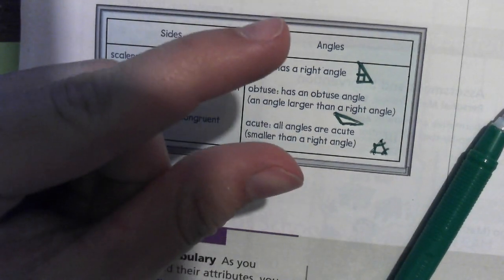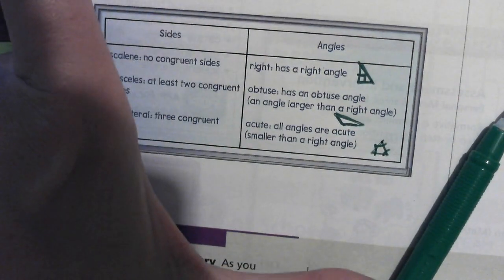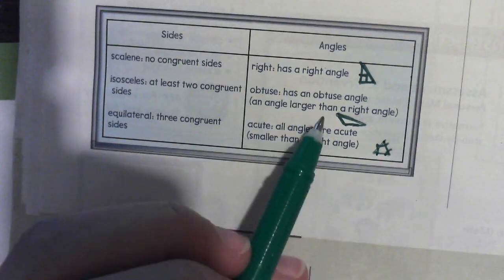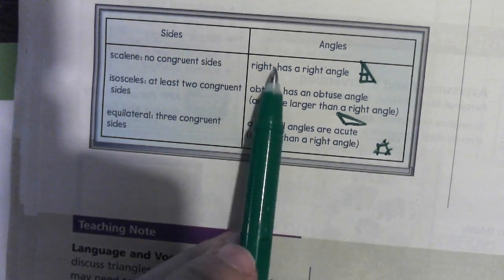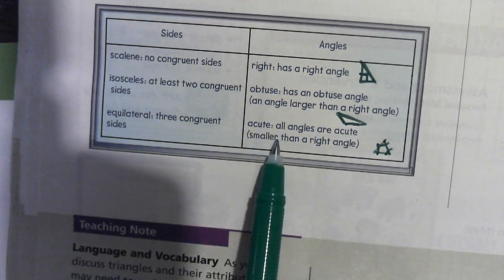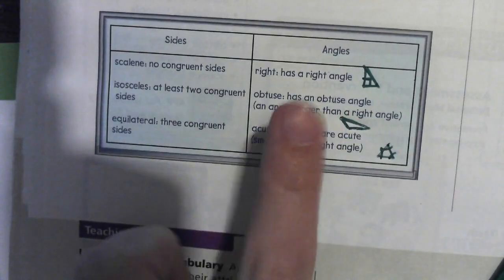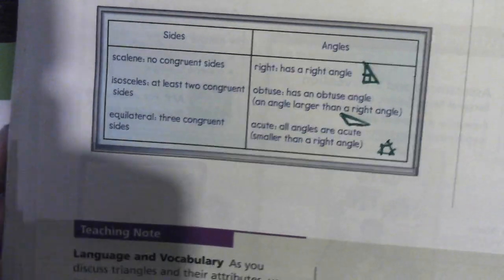They're smaller than the L. So we have acute, right, obtuse. That's usually how I remember it. So your triangle cannot be both a right triangle and an acute triangle. It can be one from here and one from here. Okay? So that will help us moving forward.